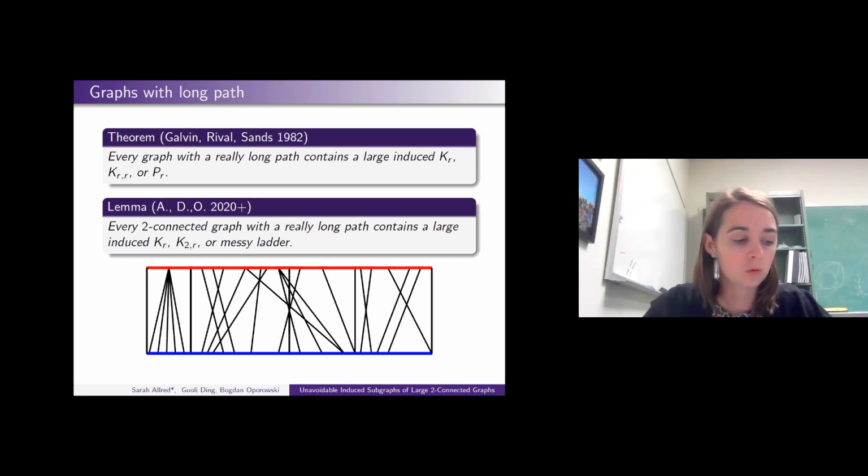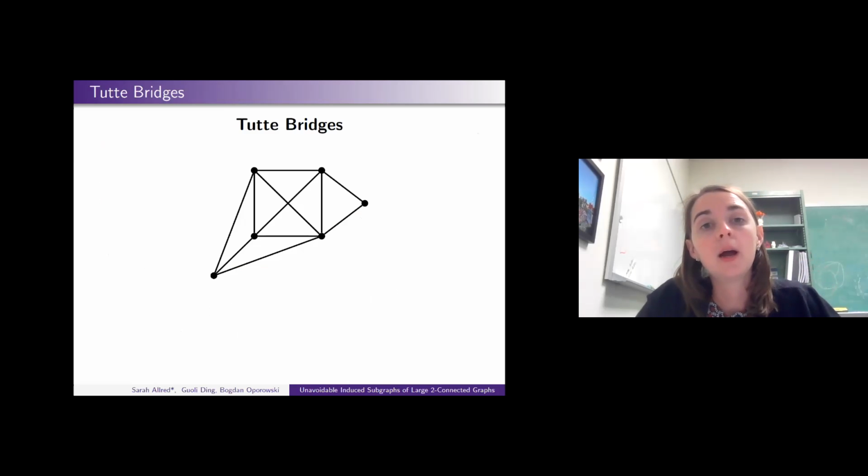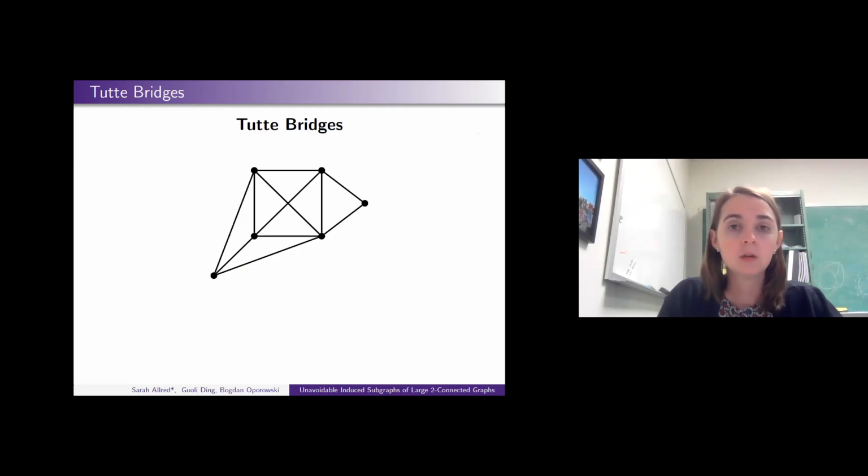All right, so the next thing that I'm going to talk about is a general overview of how we took a long induced path and got a large messy ladder. In order to do that, I am going to need a concept called Tutte bridges, because bridges already, for a graph theorist that has no connection to Tutte, has a definition already.